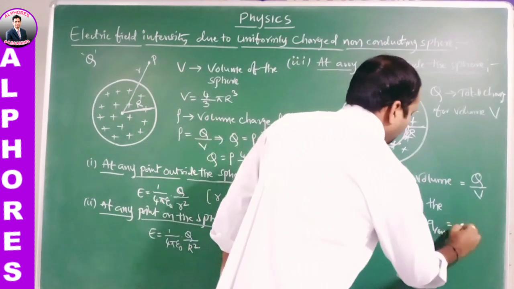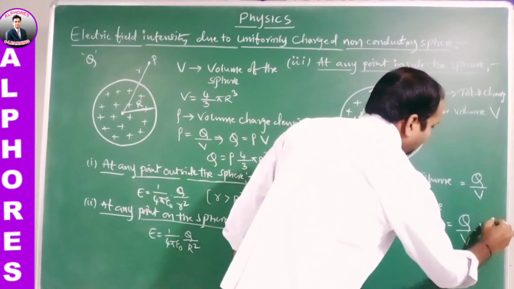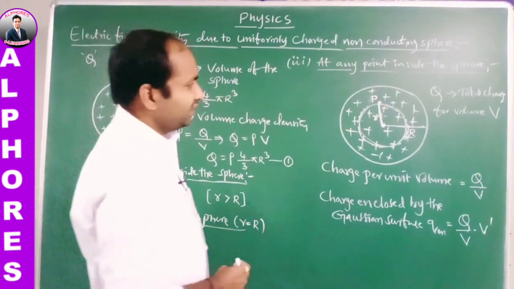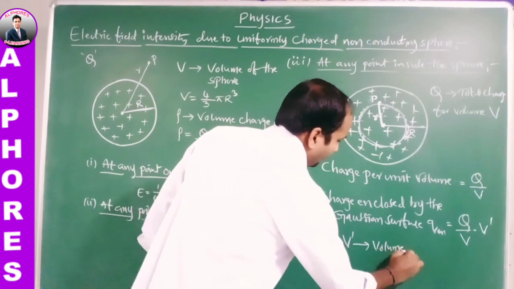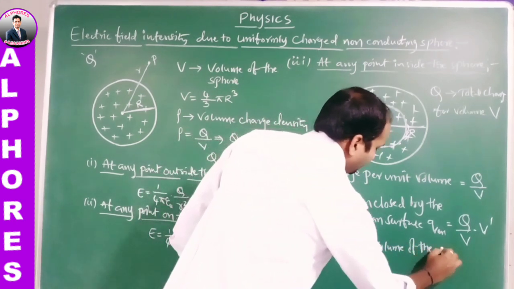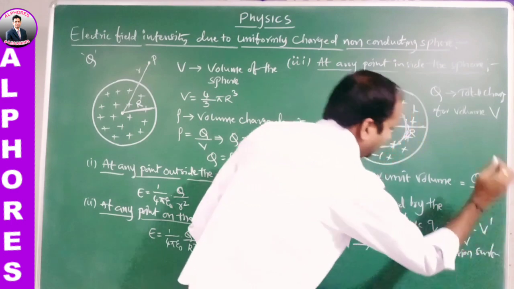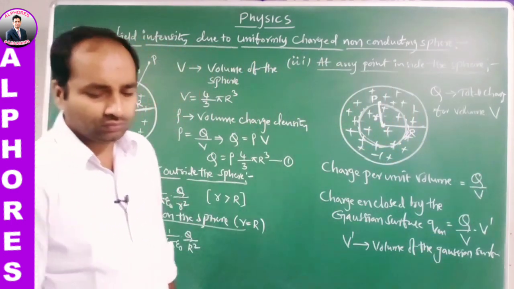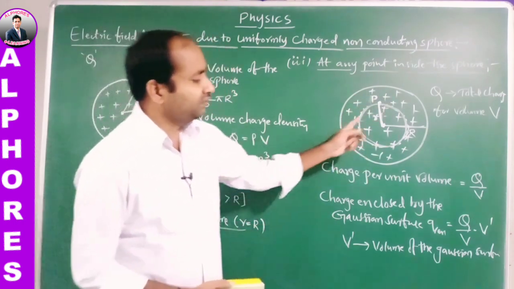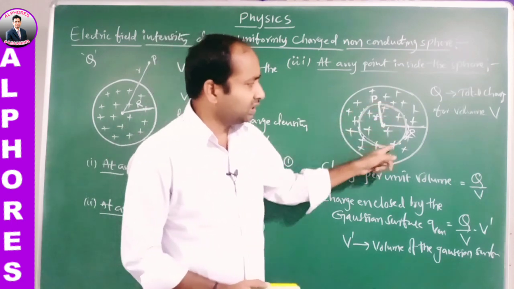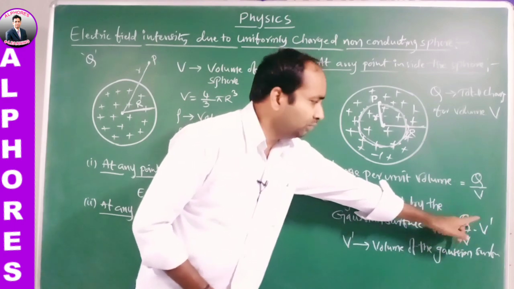For unit volume the charge is Q by V. Let V dash be the volume of the Gaussian surface. We need to find the charge enclosed by the Gaussian surface of volume V dash, which becomes Q by V into V dash.